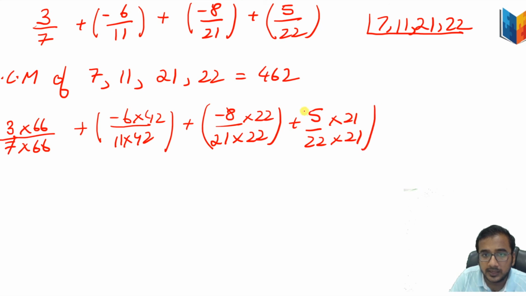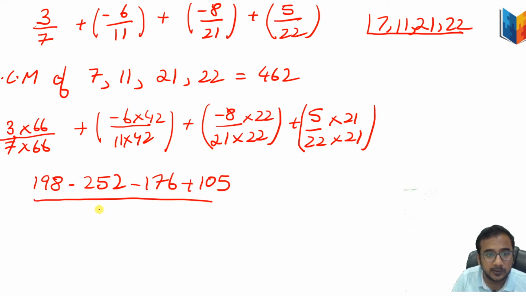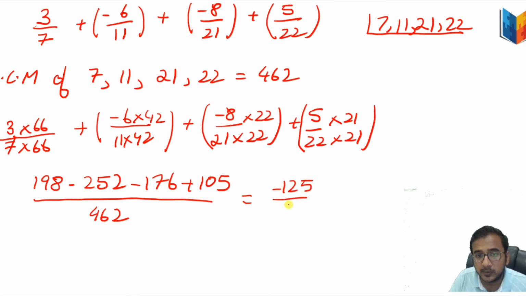So these are the ways we have to form, and therefore the values which we will get are 198 minus 252 minus 176 plus 105, and in the denominator it will be 462. So see, 198 minus, because plus minus follows the rule of integers, plus minus again, so the final value which you will get is minus 125 upon 462.